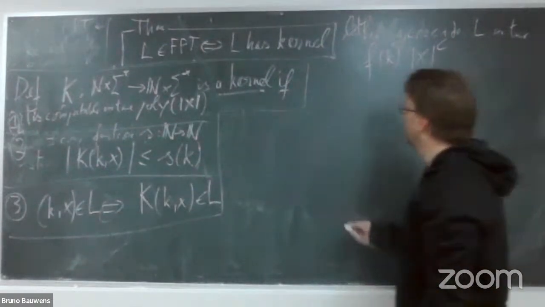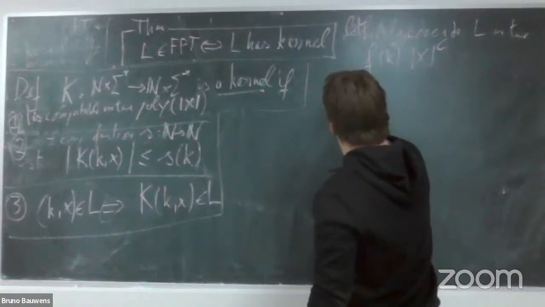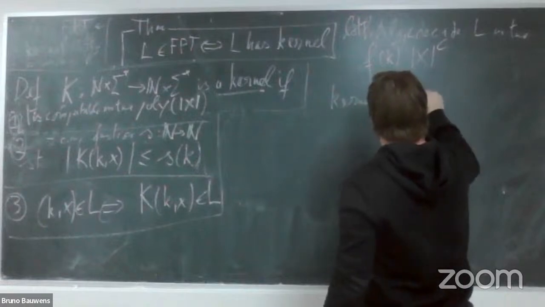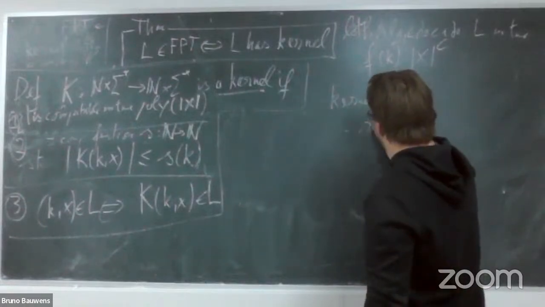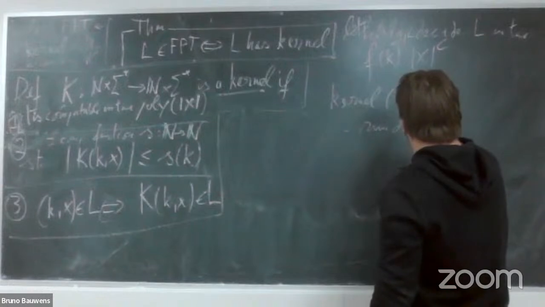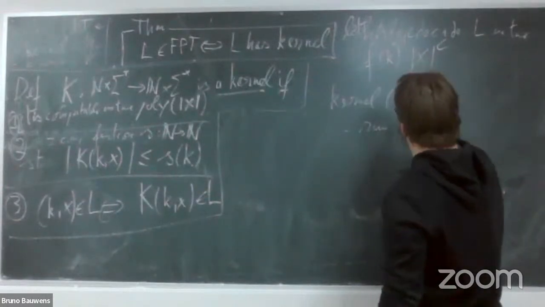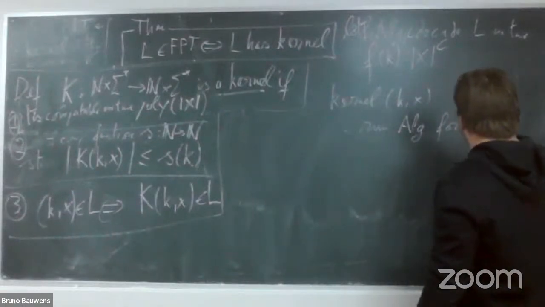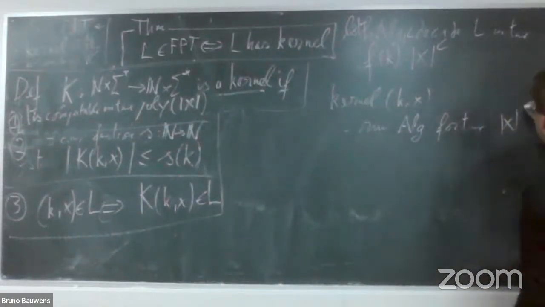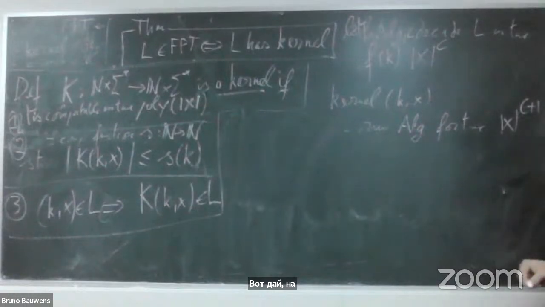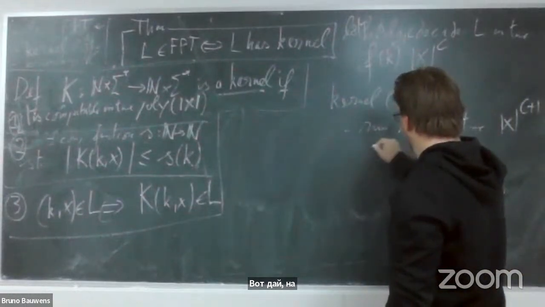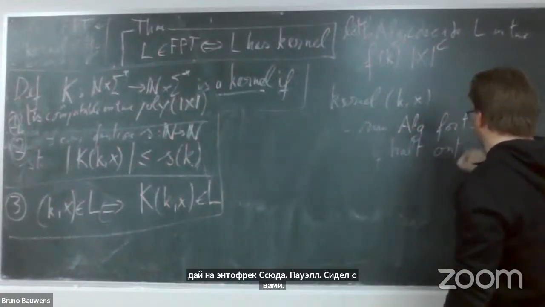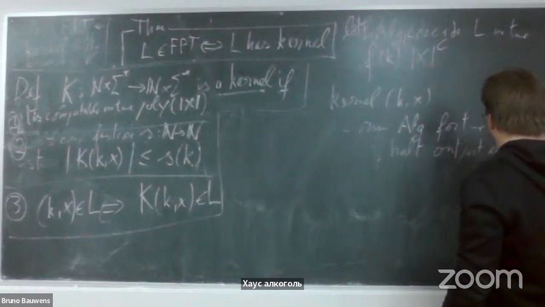Okay, and now the kernel on input x, k: just run the decider. Run this algorithm for time length of x to the power c plus 1, and output the answer.